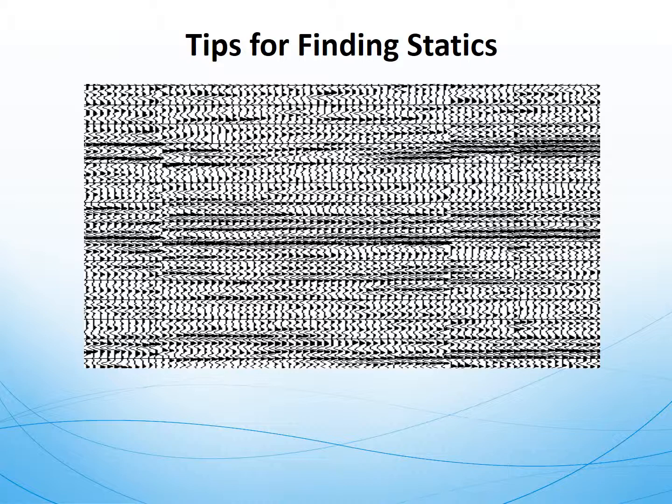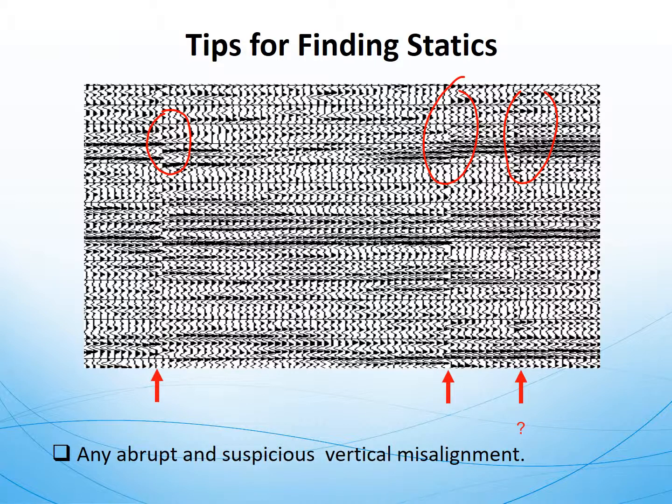Another quick way for you to identify the statics, you can easily see from this particular image. If you notice this problem, this particular issue, as well as this particular issue, it will give you the information of the static problems. Okay, just the misalignment, the abrupt changes, it is actually giving you the statics problem.